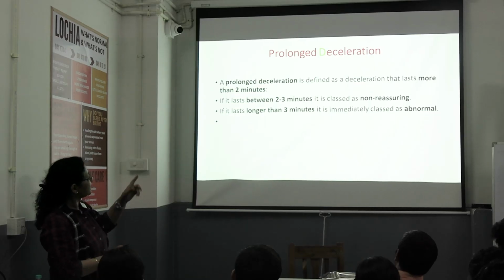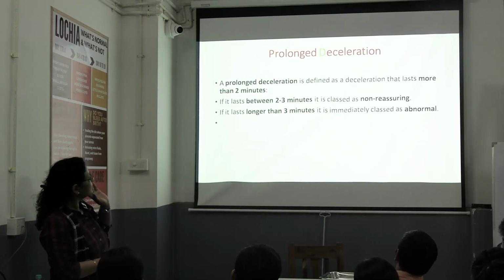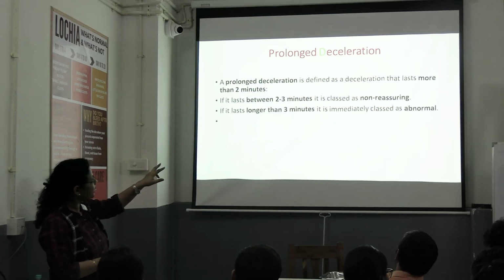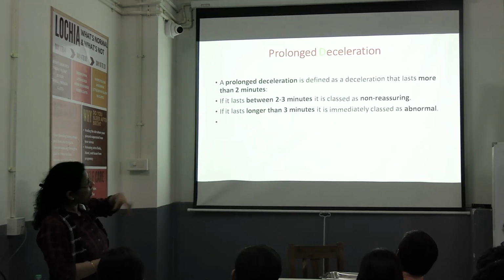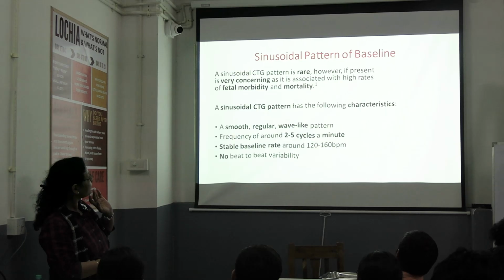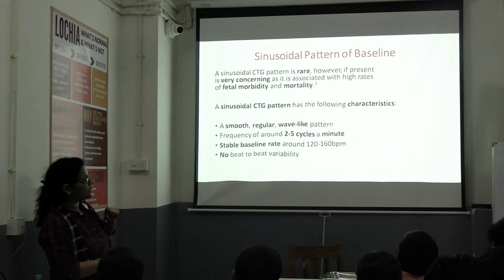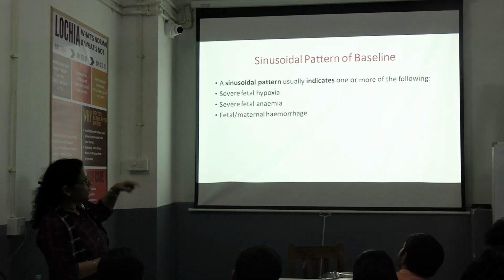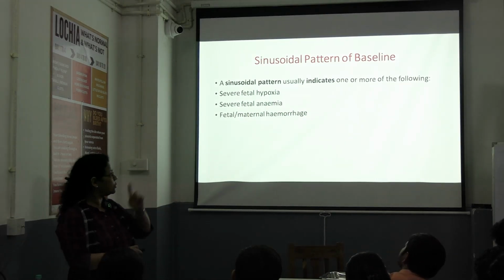Prolonged deceleration: if it is more than 2 minutes, then it is prolonged. If it lasts between 2 and 3 minutes, it is non-reassuring. Longer than 3, it is abnormal. And in the sinusoidal pattern, the heart rate is present as a sinusoidal wave. There is no variability. I'll show you this.